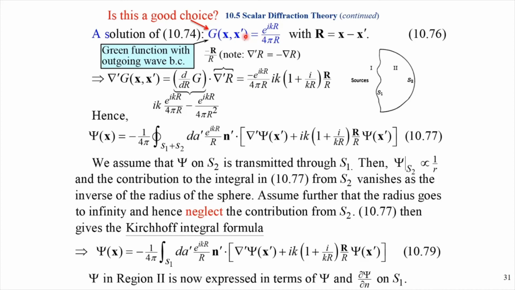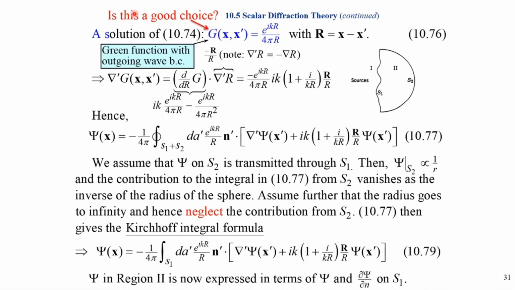But that's for outgoing wave boundary conditions. However, here we have incoming wave in these regions, outgoing wave in these regions. So a question arises: is this a good choice? I'm not sure, but we can try.